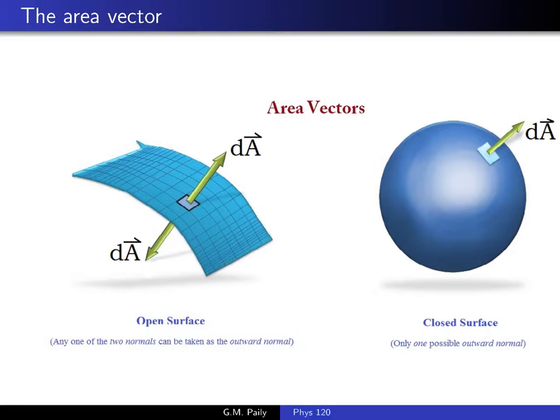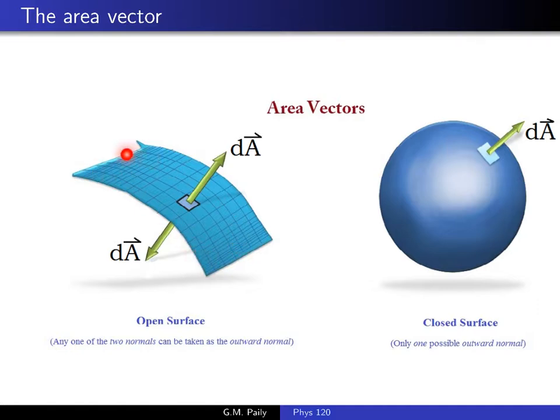However, once we come up with a closed surface, such as a sphere or a cube, what I mean by a closed surface is a surface that encloses some volume, in that case, we always pick our area vectors pointing outward. Again, there will be lots of different area vectors at different points, but for a sphere, for example, as shown here, all these area vectors are pointing outward.